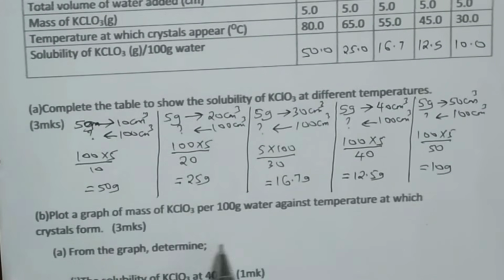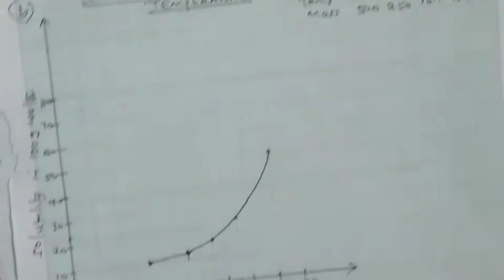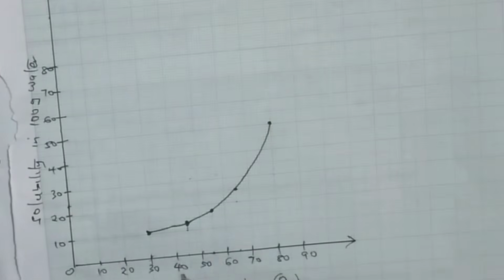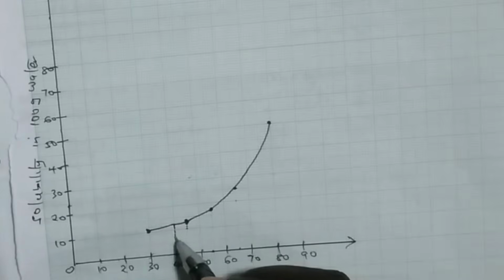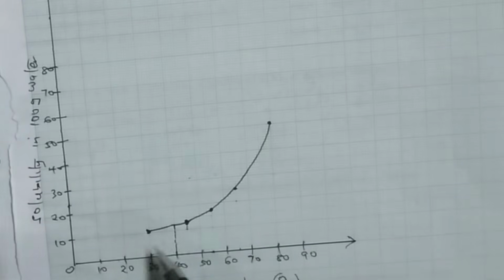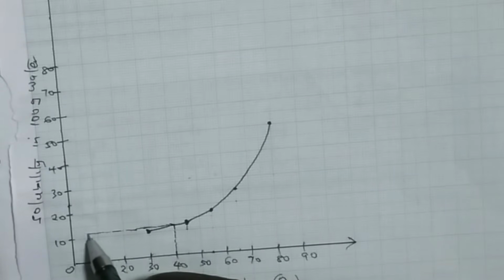From the graph, determine the solubility of potassium chlorate at 40 degrees Celsius. So we come to 40 degrees Celsius. This is the temperature, so this is where we have 40. Just come and draw a broken line towards the curve. Then you join it towards the point where we are going to have our solubility.